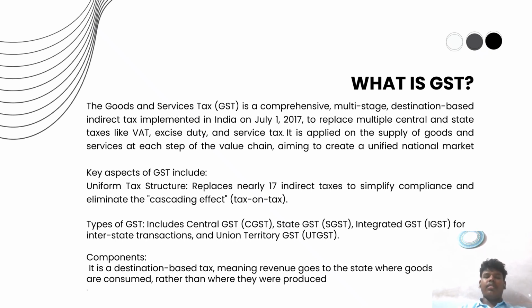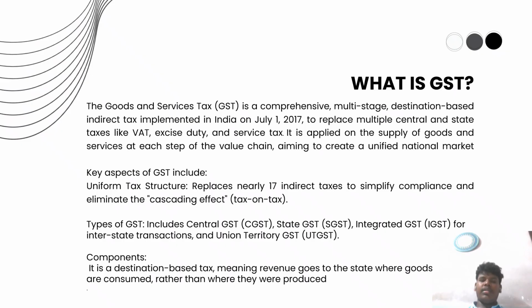Uniform tax structure. It replaces nearly 17 indirect taxes to simplify compliance and eliminate the cascading effect. So, with the introduction of GST, basically 17 indirect taxes were removed, which was helping in the cascading effect. Then there were types of GST.